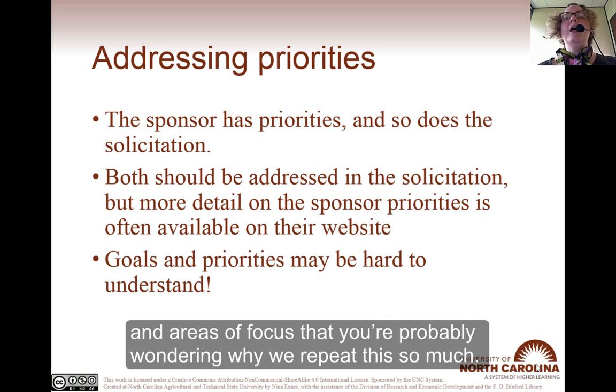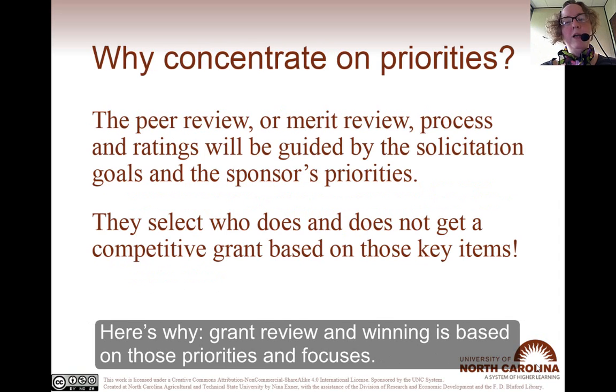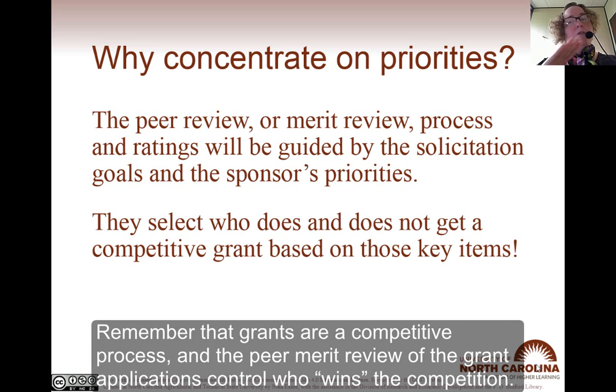You've heard so much about sponsors and their strategic plans, their priorities, and the solicitation goals and priorities, and the areas of focus, that you're probably wondering why we repeat this so much. Here's why. Grant review and winning is based on those priorities and focuses. Remember that grants are a competitive process, and the peer merit review of the grant applications controls who wins the competition.